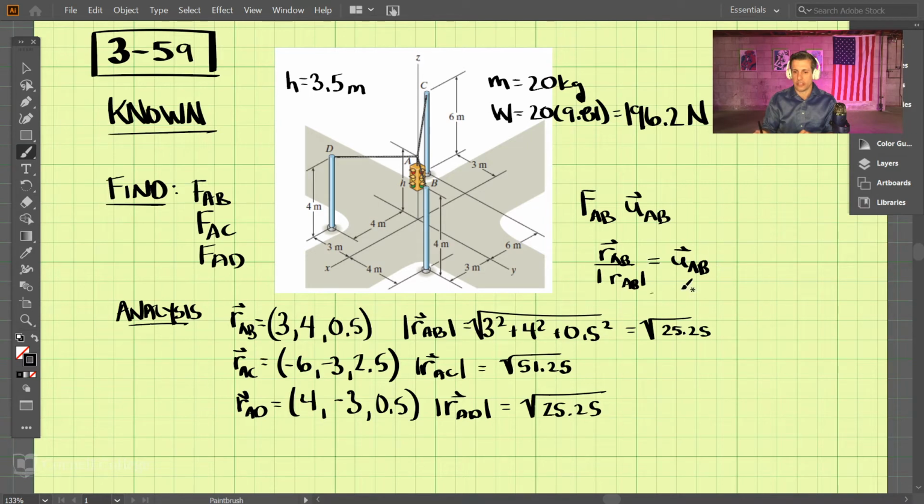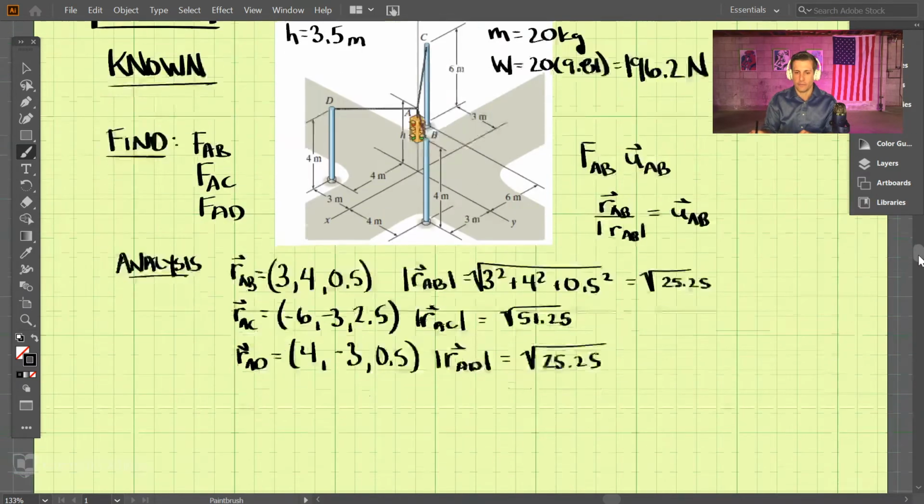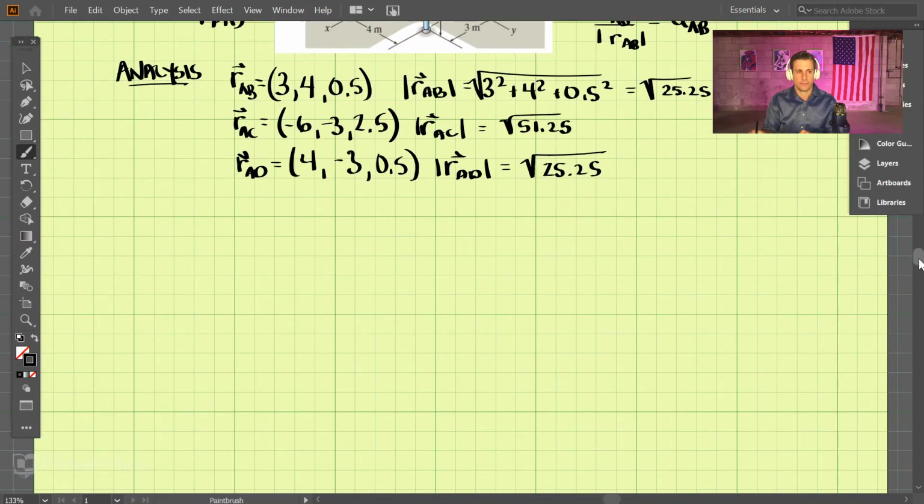Now we can convert each one of these to a unit vector. So let's move this down, and let's convert AB to a unit vector. For AB, we will have 3 divided by its magnitude, square root of 25.25, in the I direction.